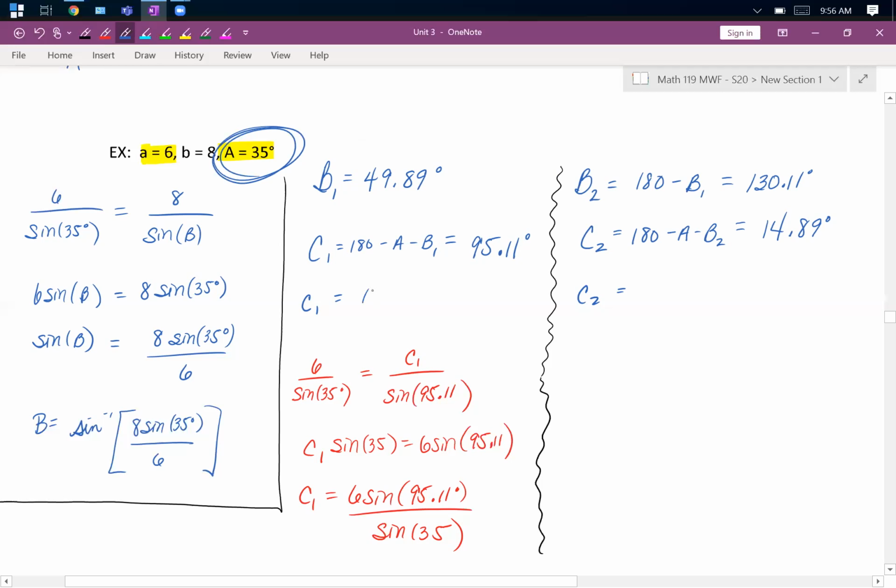I got 10.42. Great. Be sure to double check for a unit. There wasn't a unit given on these sides this time, but always double check in case there is.